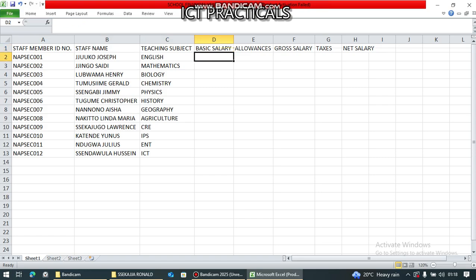This is the salary. So we get 1M. This one gets 1.2. This one gets 4 million. This one 1.5, 1.6.